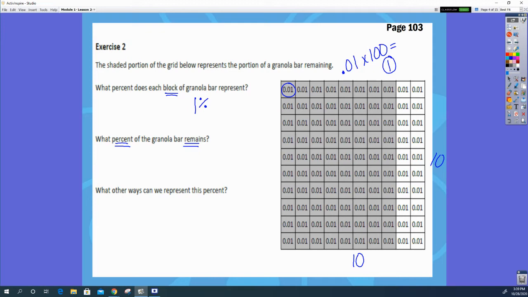So we have 1, 2, 3, 4, 5, 6, 7, 8 columns fully shaded. And we know that in each column, there are 10 blocks. So 8 times 10 would be 80 out of my 100. And since it's a percent, it would be 80%.